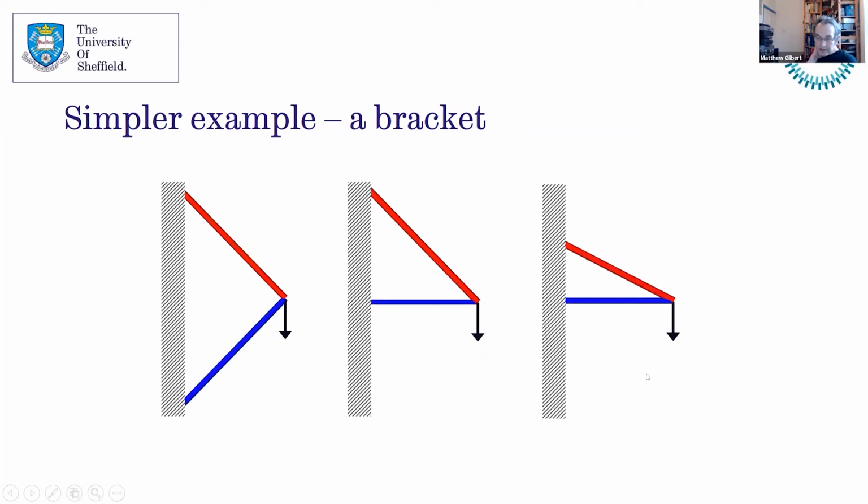A simpler structure is quite useful in showing the importance of respecting that orthogonality. On the left-hand side, we've got a pair of members, a tension member and a compression member, carrying a force some distance away from a rigid wall.